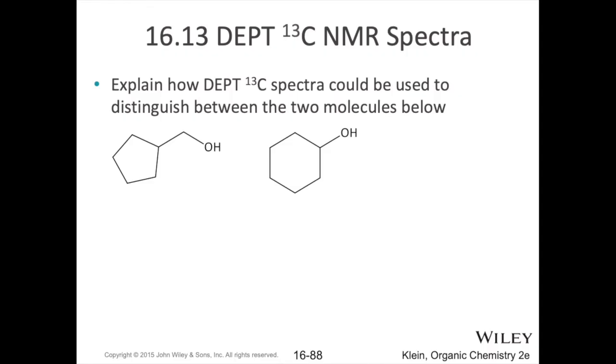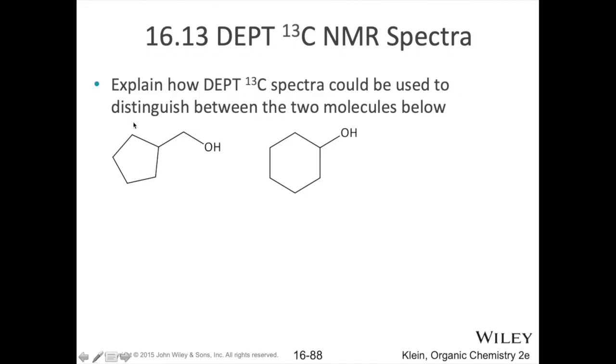All right, so if you're having trouble seeing it, it's probably because you've noticed that you've got similar numbers of methylene and methine carbons, right? We have 5 carbons that are CH2s, and 1 carbon that's a CH carbon.